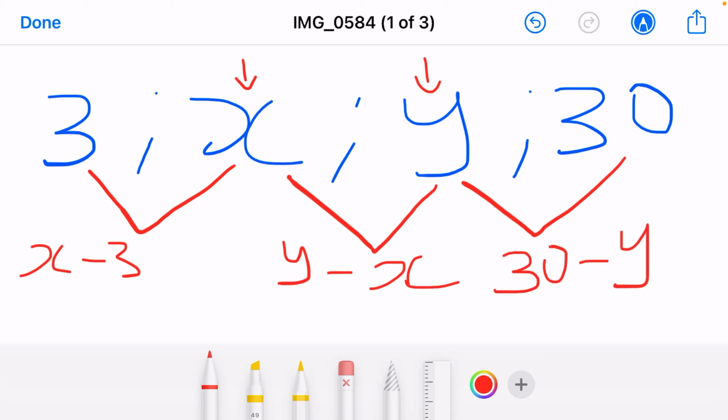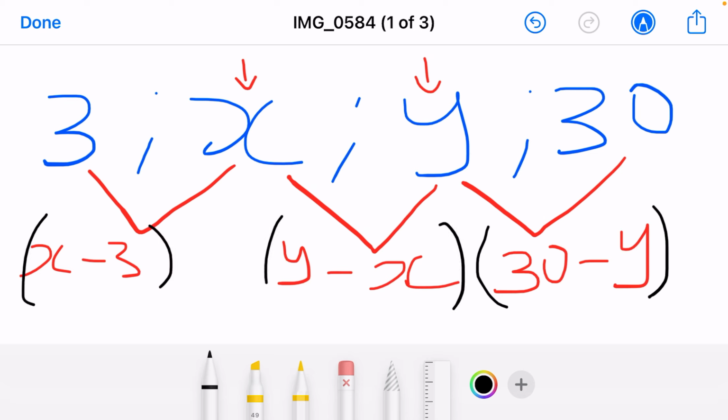So let me just put all of that in brackets so that you see this is one term. Okay, this is one term, this is one term. Massively important, guys. So we know that this should be equal to that, and again this should be equal to that, and most importantly that should also be equal to that.